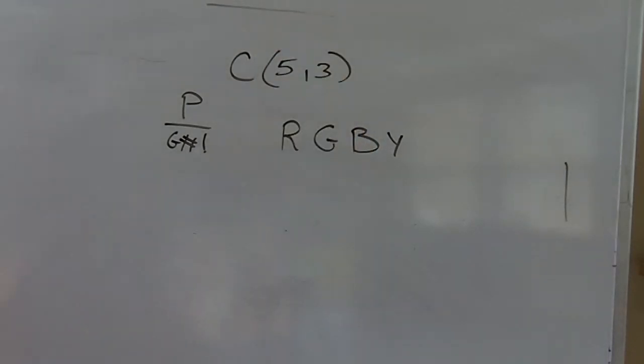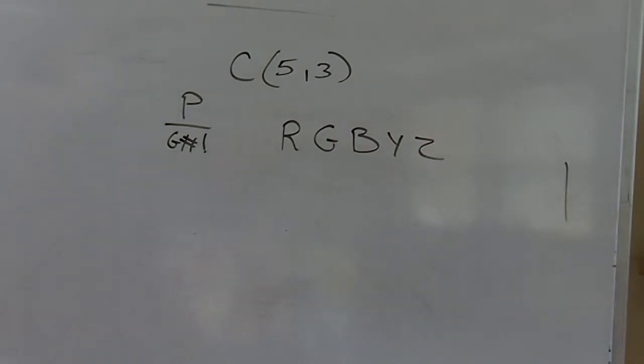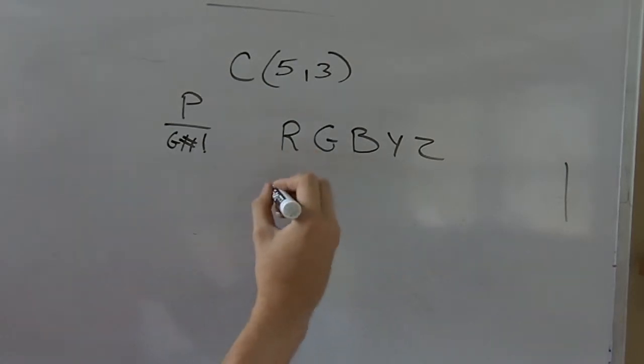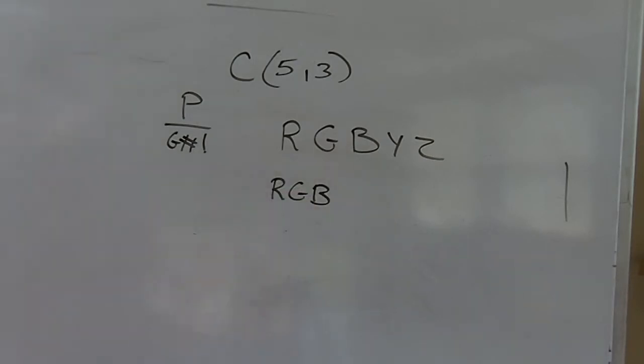Now the grouping number is 3. So now I've got 5 letters being put into groups of 3. I'm going to take the first 3 letters. Because they're in a group of 3, if I take that 3 and I factorial it, or in other words, I permute it, I'm going to do 3 times 2 times 1.